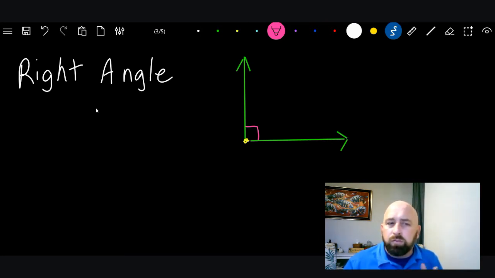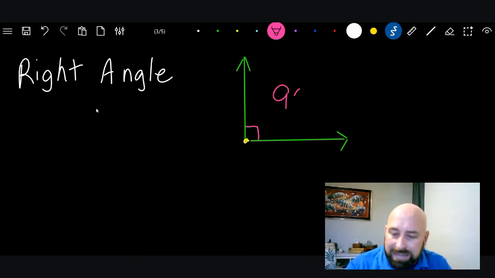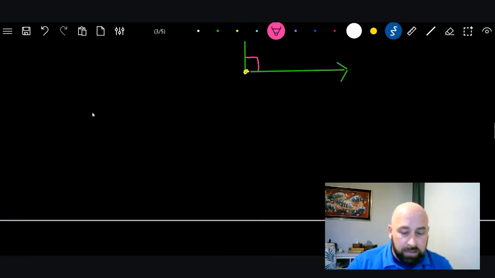We would have to prove whether or not it's a right angle, and we can do that with some different things that we'll learn later. But if the book puts that there, then the book is telling you that is a right angle. And right angles are always 90 degrees. Right angles are always half of a straight angle. Another way to look at it, half of 180 is 90. So there you go. There's the right angle.